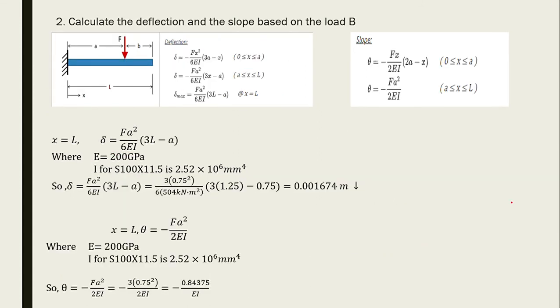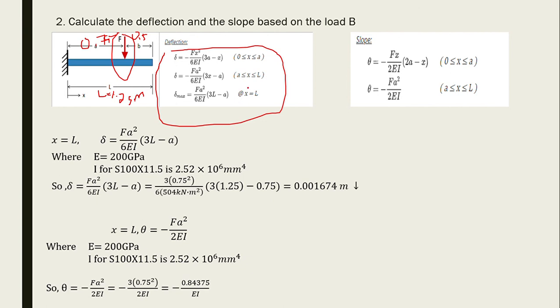Then we go to the second load, at this point where a is equal to 0.75 and b is equal to 0.5, so L is equal to 1.25 meter. We will use these properties with the given boundary condition.